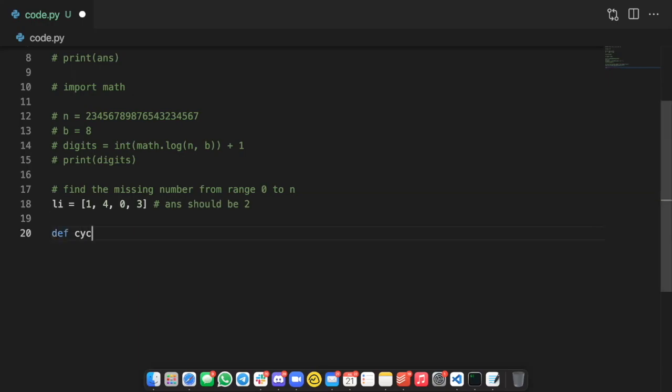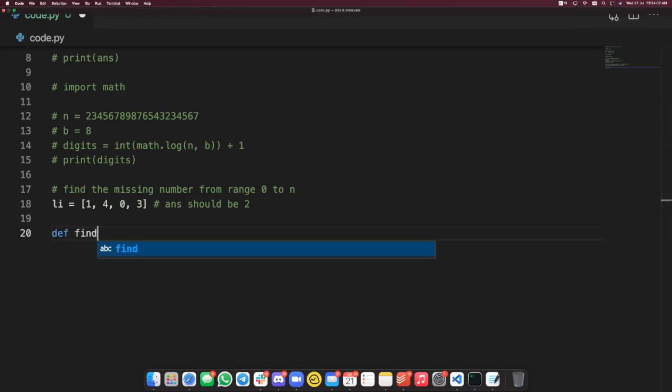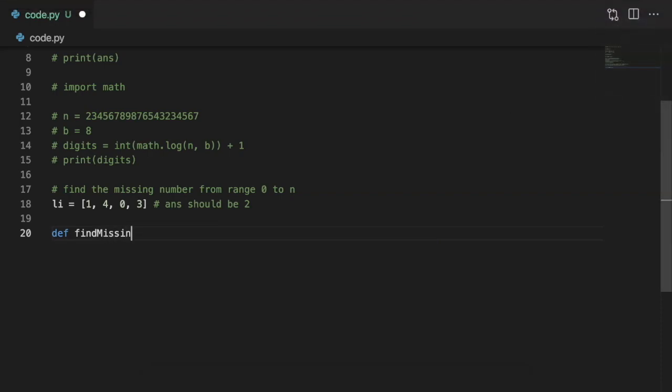So we can write cyclic sort, and let's say find missing number. I can just add my list here, and then I can say i is equal to 0. I'm going to start from the very first one. So while i is less than the length of the list, j is equal to list of i.